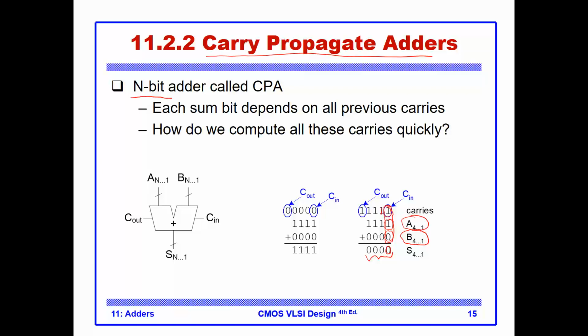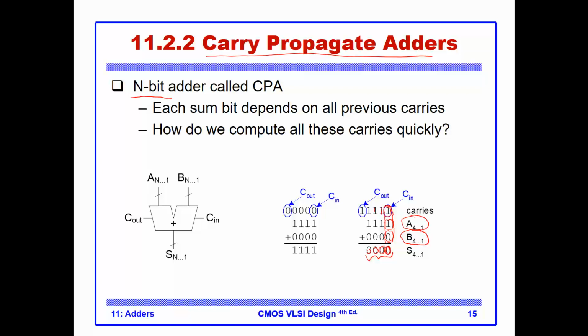Then we add this carry in to 1 plus 1 plus 0, again 0, and then I have a carry of a 1 all the way to the end, and we'll see that the answer of the sum is 0 0 0 0, with a carry out of 1. Let's see if we validate this.